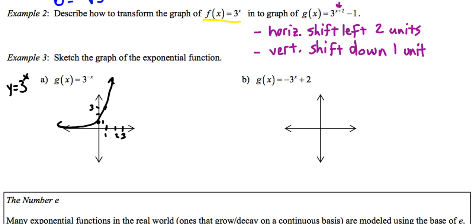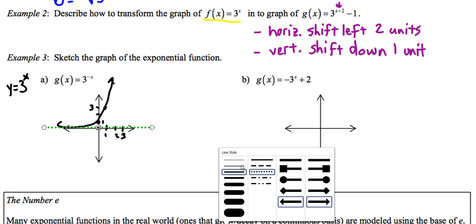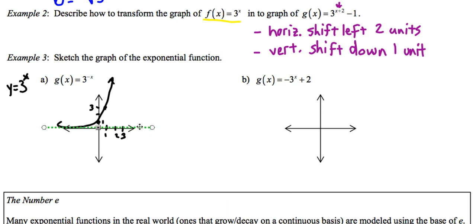And let's not forget our horizontal asymptote. Let's get our words right. So the horizontal asymptote goes along our x-axis at y equals 0, and we've got our function there.